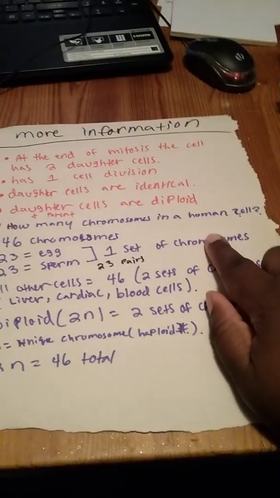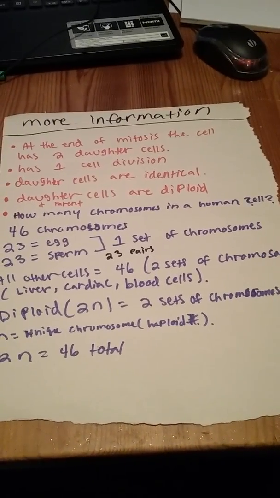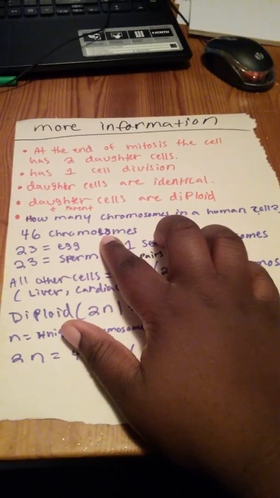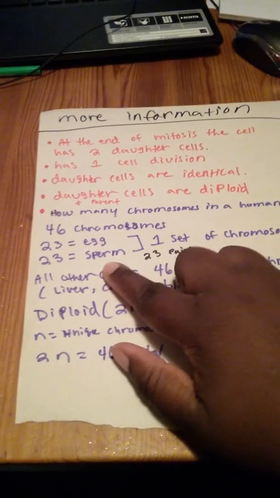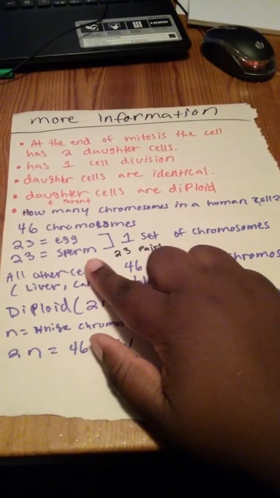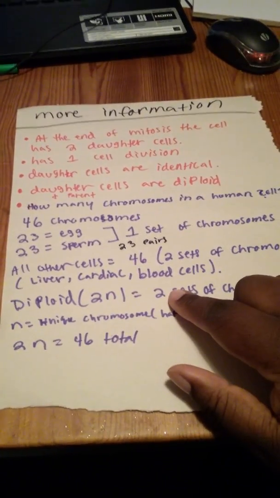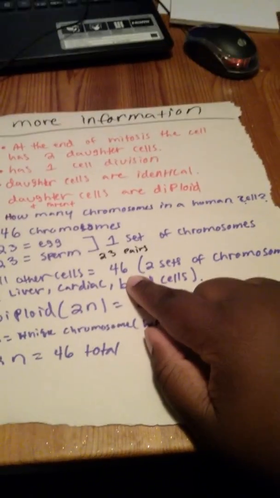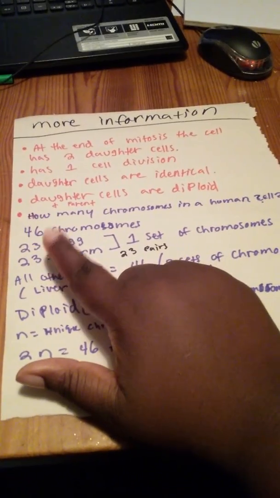How many chromosomes? Okay, question. How many chromosomes are in human cells? 46. A human cell has 46 chromosomes. This splits up into 23 from the egg and 23 from the sperm. This is one set of chromosomes, but both have 23 pairs. All other cells, like liver, cardiac, and blood cells, have a total of 46, two sets of chromosomes, like the egg and the sperm.